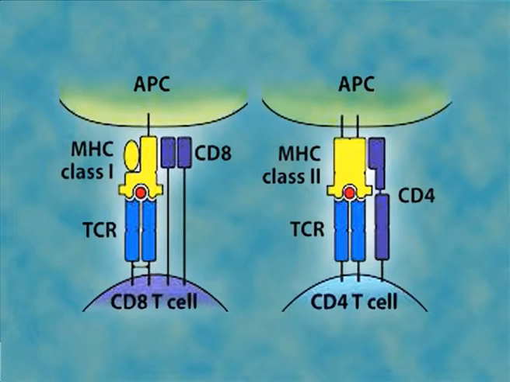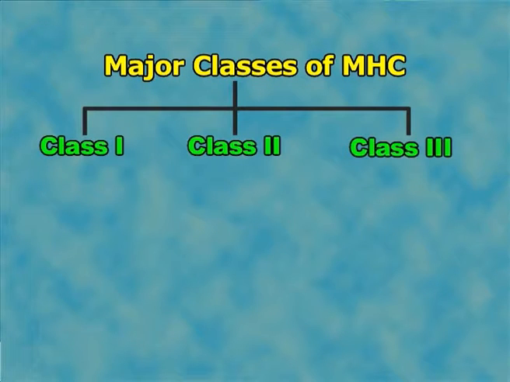By interacting with CD8 molecules on surfaces of killer T cells, MHC class 1 mediates destruction of infected or malignant host cells, the aspect of specific immunity termed cellular immunity. The other arm of specific immunity is humoral immunity, whose relation to MHC is more indirect. The detailed description about each class will be discussed now.